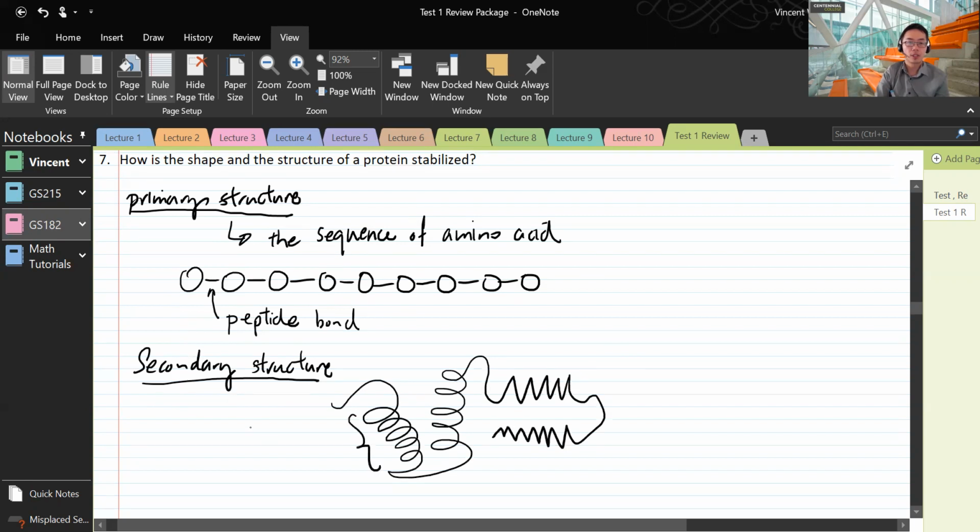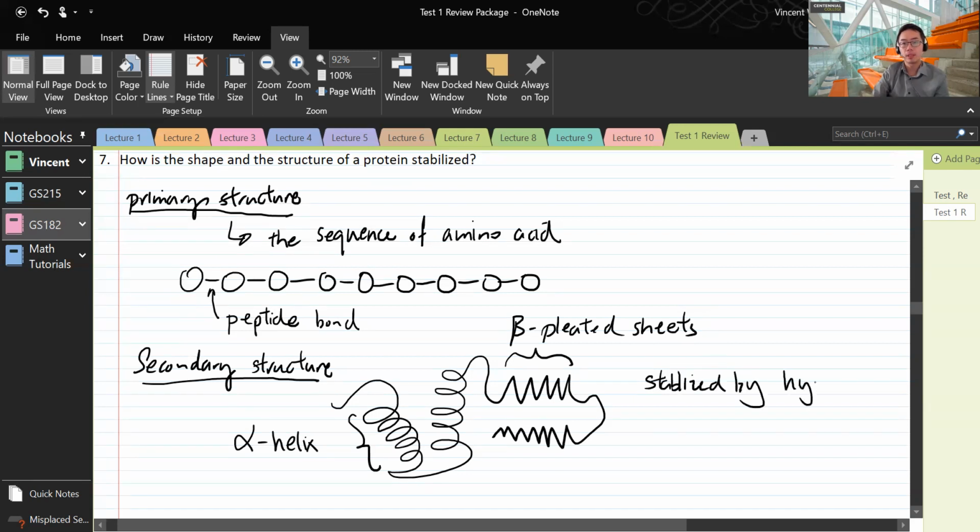These coils we call alpha helix, and these zigzag sheets we call beta pleated sheets. They are stabilized by hydrogen bonds of the peptide backbone.